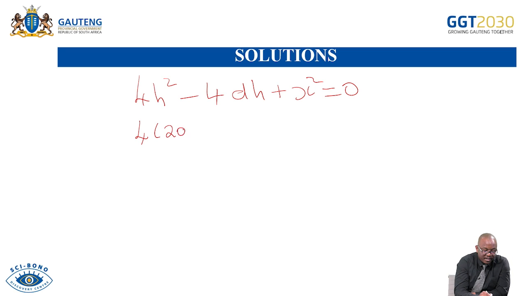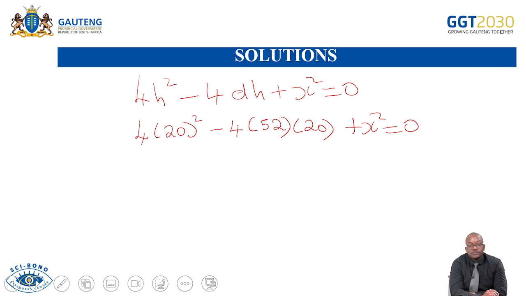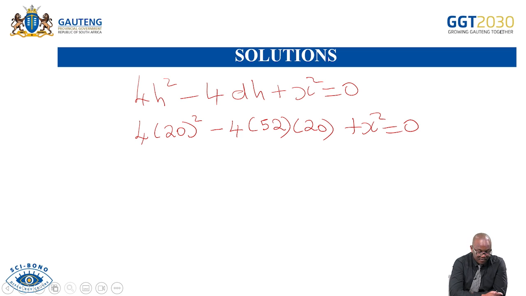We know our h is 20, and our d we know is 52, so 4 times h, 20, plus x squared is equal to 0. We can double check them. It's correct that h is 20 and d is 52. So we need to make x the subject of the formula.